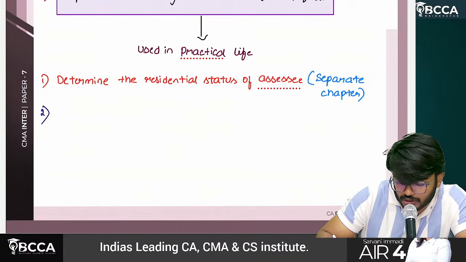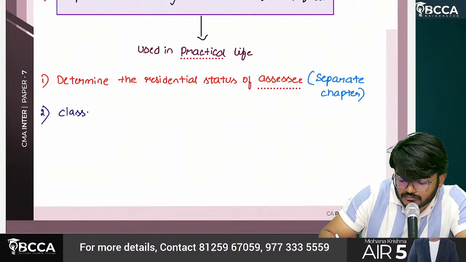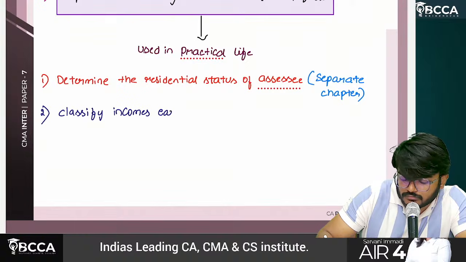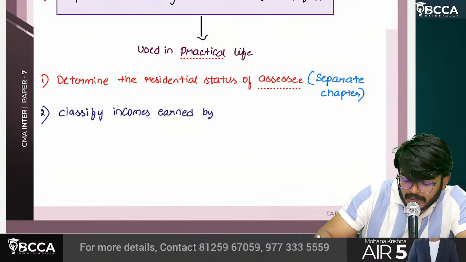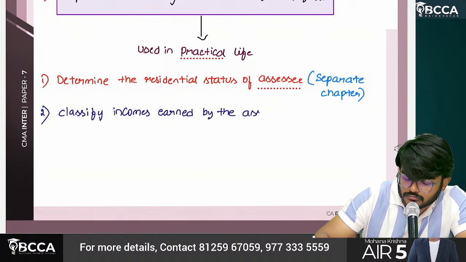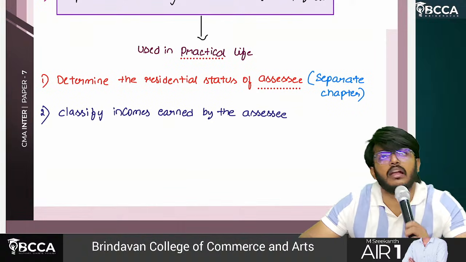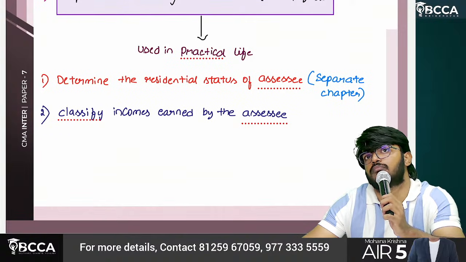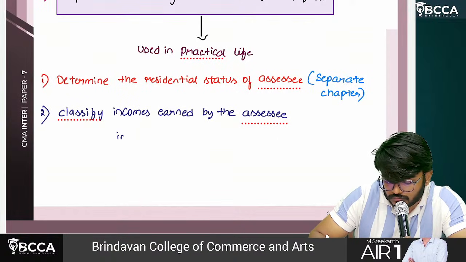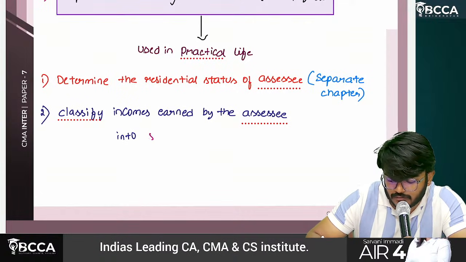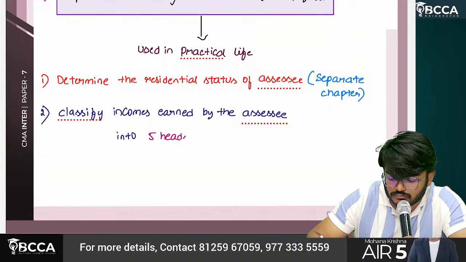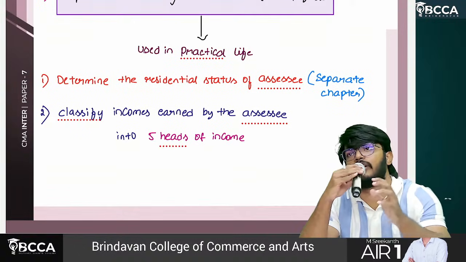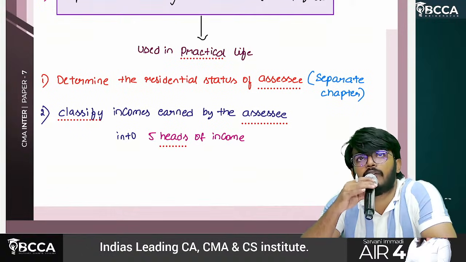Second step, what we have to do is you have to classify the incomes earned by the assessee into 5 heads of income.